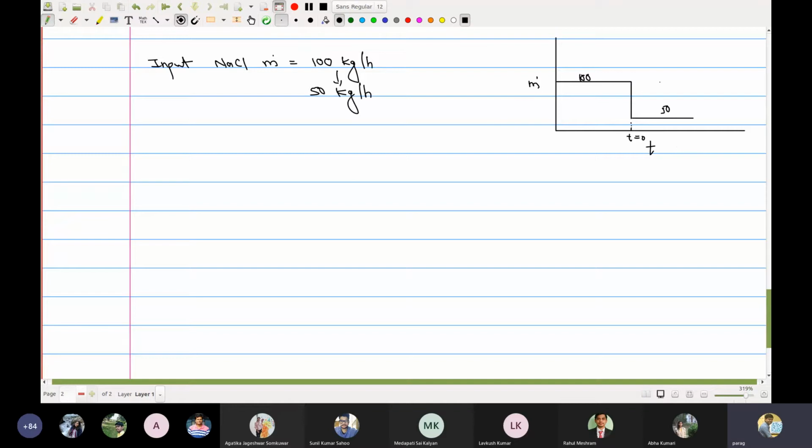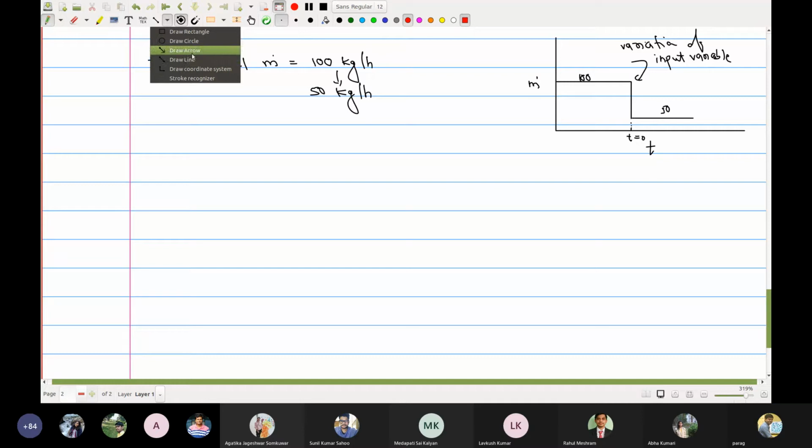So now this is the variation of the input variable. The output variable would look something like this: it corresponded to a fixed concentration, and after a long time again it would correspond to a fixed concentration.